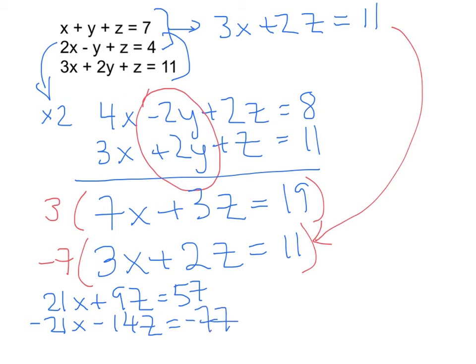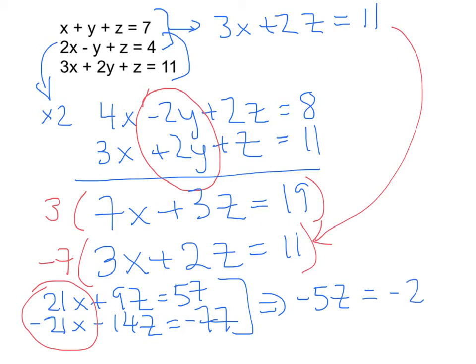And now I'm prepared to eliminate the x's, since they have the same number but opposite value. When I add these two equations together, I get 9z minus 14z, so be careful with your signs. That's minus 5z. And when I add the numbers together, of course the x's are gone, so it's just negative 5z equals 57 minus 77 is negative 20.